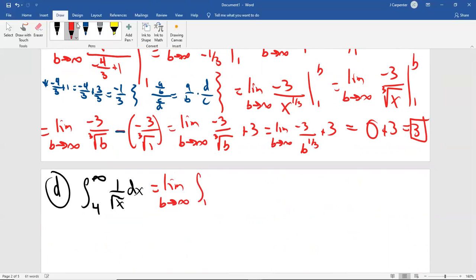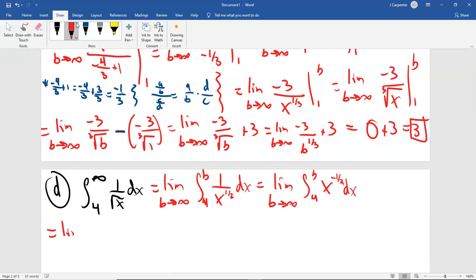From 4 to b, and that's going to be 1 over x to the 1/2 dx, which is the limit as b goes to infinity, integral from 4 to b, x to the negative 1/2. Then we can integrate it. Leave the limit. You got to leave that limit for a long time. Add 1 and divide by the same value.